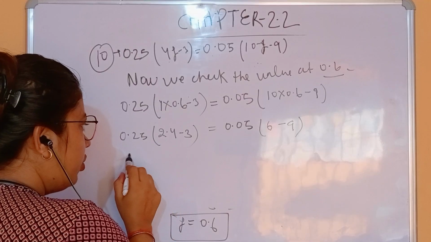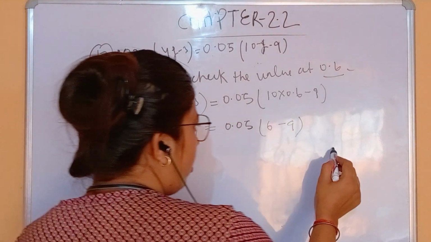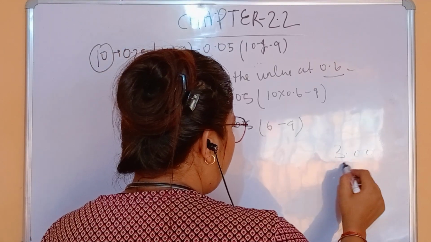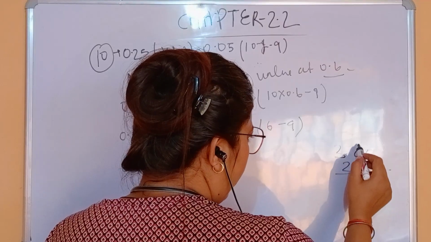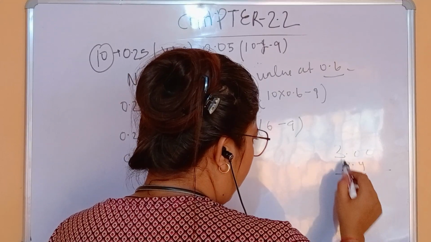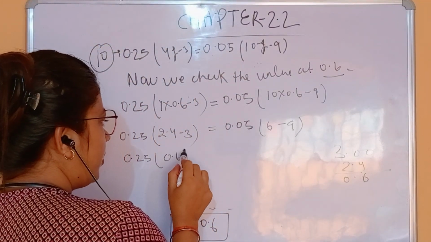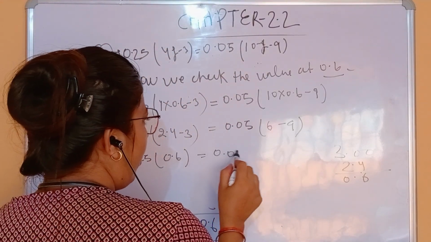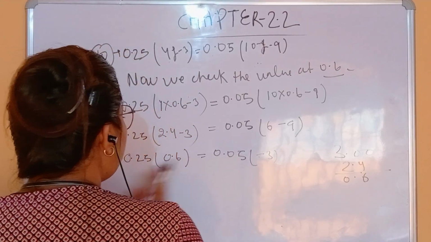So what comes here? 2.4 minus 3. So take 0.6 here, 0.05. 6 minus 9 is minus 3. Okay, so what comes here?